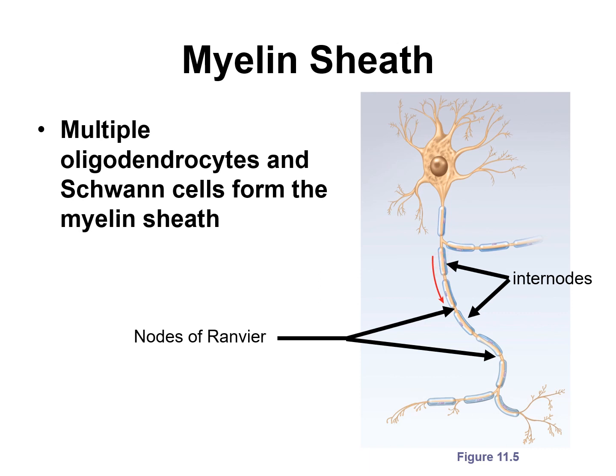So this is an internode, that's an internode, that's an internode, etc. The little spaces where the fiber is exposed are called the nodes of Ranvier. This is going to play a very important role in the transmission of nerve impulses or electrical signals down the axon, as we'll see later on.